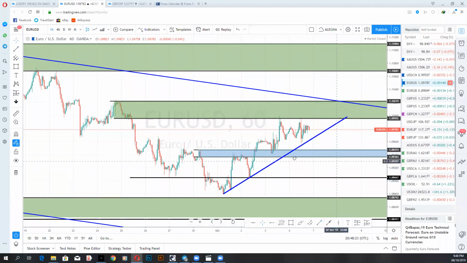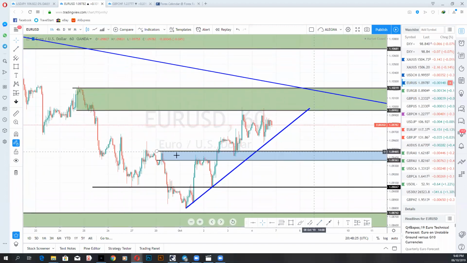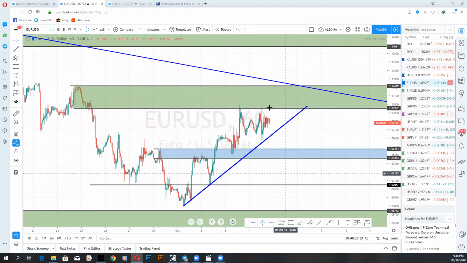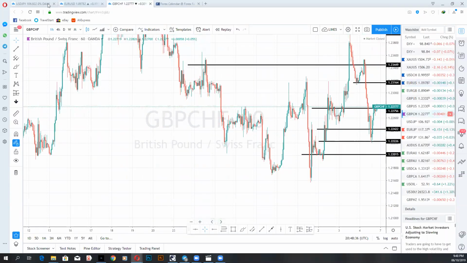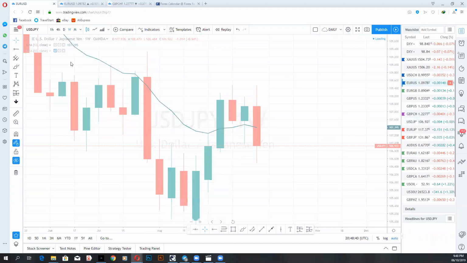The storyline here is this: as long as price stays above 1.0936, it has the potential to still move higher. Because if you look at this pair from the daily perspective, that's EURUSD, look at it from the daily perspective.